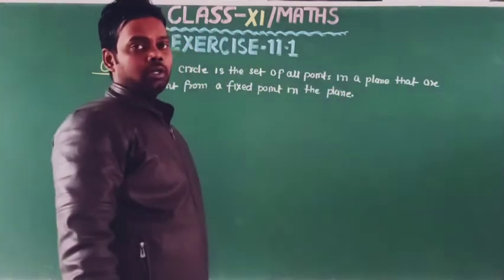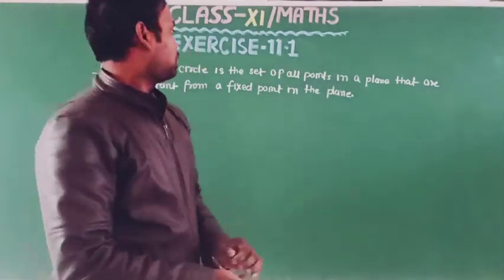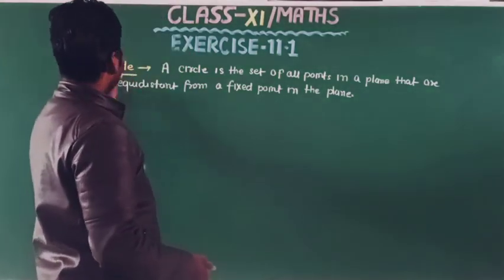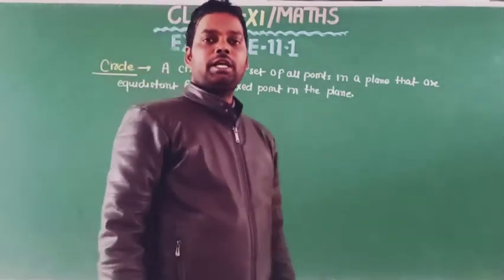Okay, children, so basically the first type of section obtained from conic section is the circle.